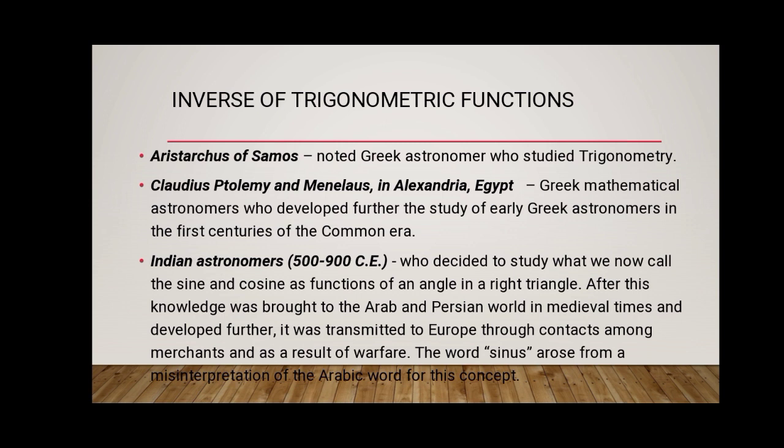The ancient astronomers from 500 to 900 CE who decided to study what we now call the sine and cosine as functions of an angle in a right triangle.